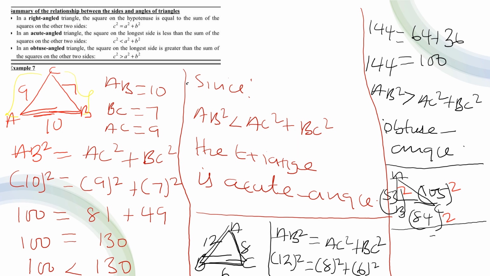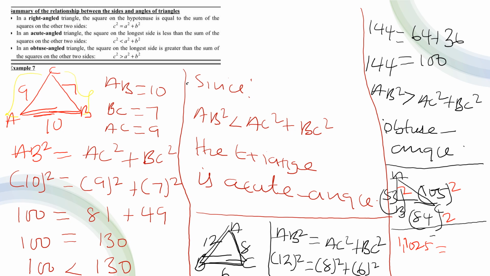So when we square 105, it gives us 11025, which is equal to 53 squared. Use your calculator.